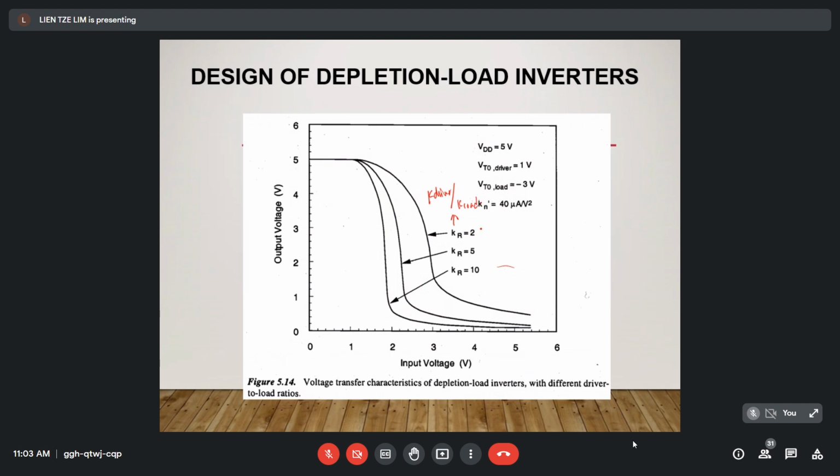Different ratios will give different shapes of the VTC, especially the difference here, which is on the slope. It changes based on the ratio.